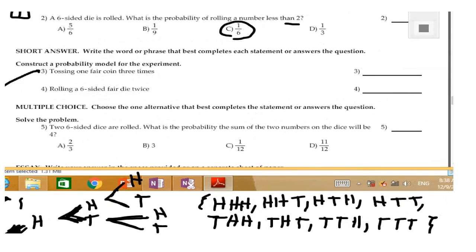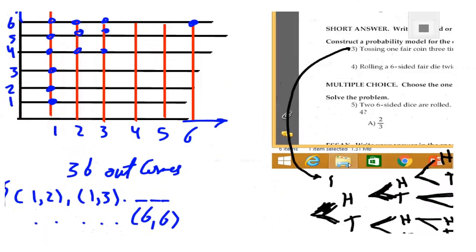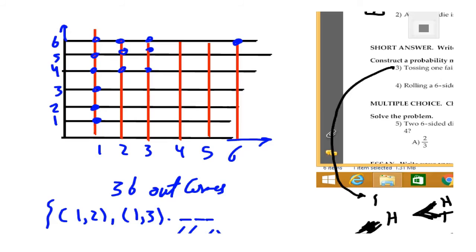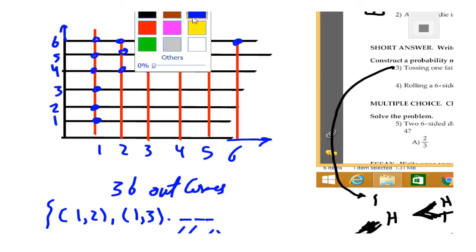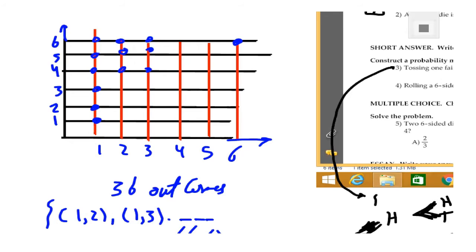For number 5, 2 dice, the one that we drew the outcomes for. What is the probability that the sum of the 2 numbers on the dice will be 4? What are the outcomes here that give me 4? 1 and 3, 2 and 2, 3 and 1.